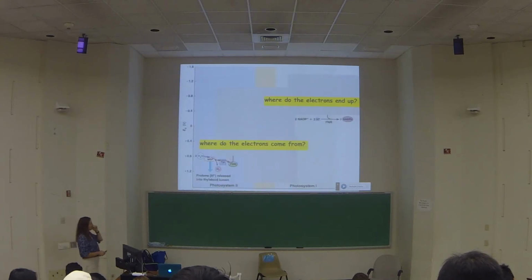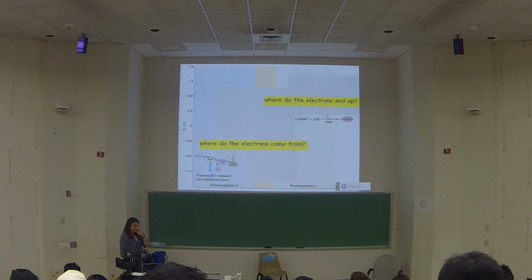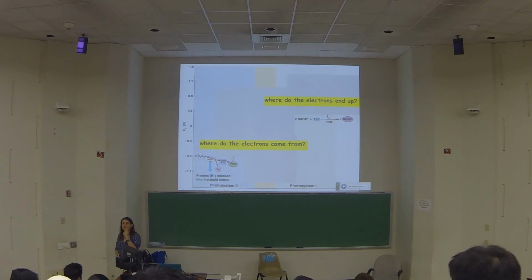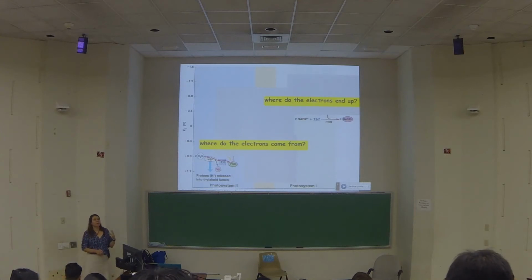So first of all, where do the electrons come from? What are one of our substrates for the light reactions? Light and water. So we're stripping electrons off of water.